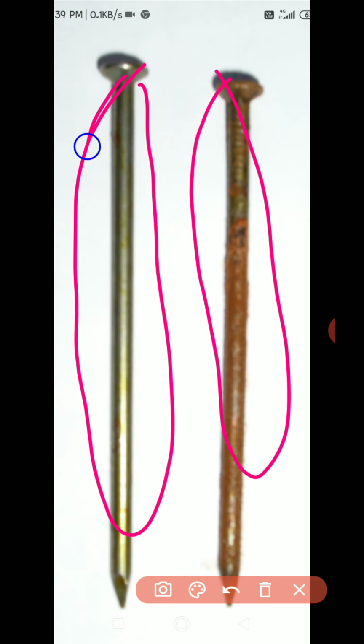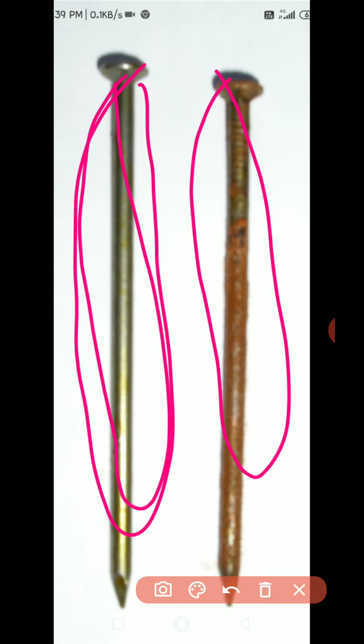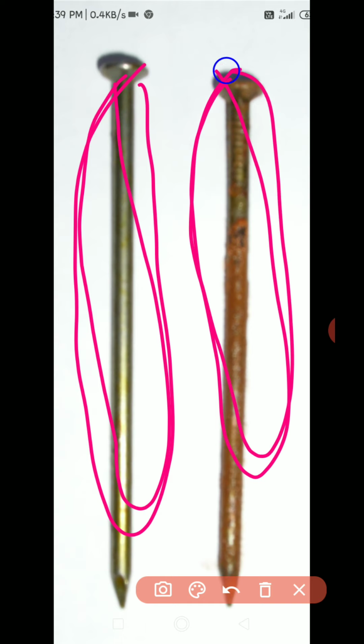Initially, your iron nail was showing a physical property called luster. But why has it changed into this form? That is what we are going to study. When this iron nail is exposed to open air, you all know that in our air we have abundant oxygen gas.